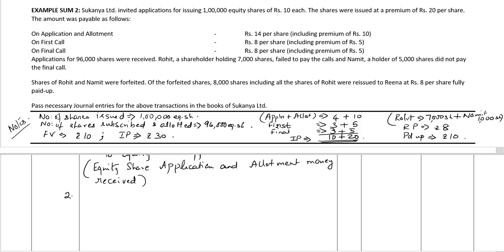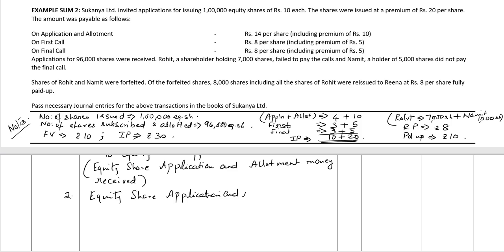The second entry, at the time of allotment of shares, equity share application and allotment account debit. The amount of the first journal entry, 13,44,000.